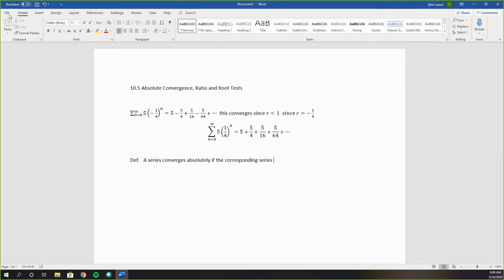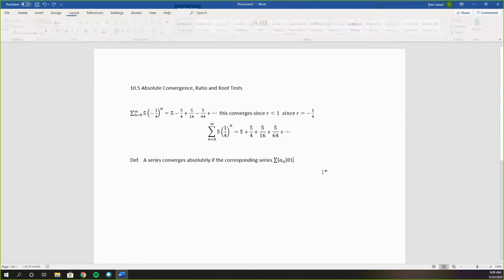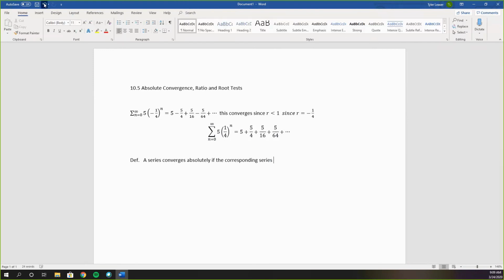Oh, sorry, I did it again. There we go. I'll read back over this. So, a series converges absolutely. This is our definition here. A series converges absolutely if the corresponding series of the absolute value terms converges.